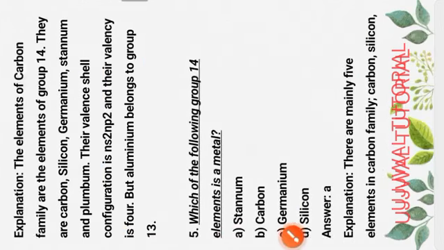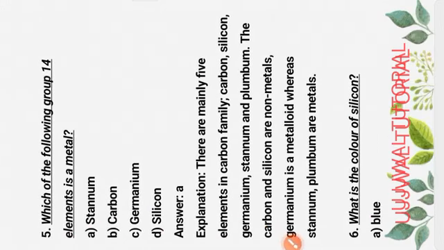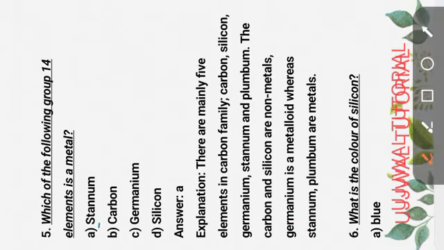Next question, question number 5: which of the following group 14 elements is a metal? Option A, tin. To explain, there are mainly 5 elements in the carbon family: carbon, silicon, germanium, tin and lead, also called Pb.